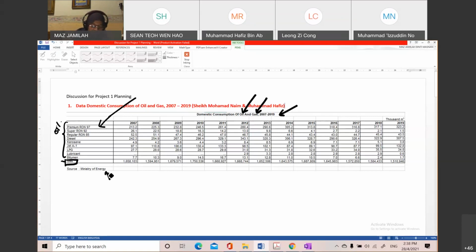Now, the source is the Ministry of Energy. But where? Is it Malaysia? Is it Singapore? Is it Brunei? Because I have mentioned your data is either from Department of Statistics Malaysia, or Department of Statistics Singapore, or Department of Statistics Brunei.